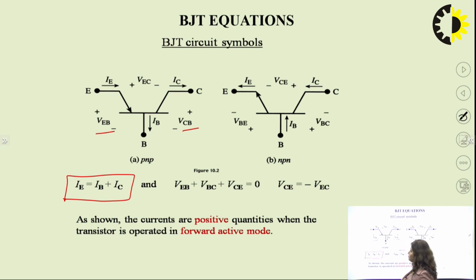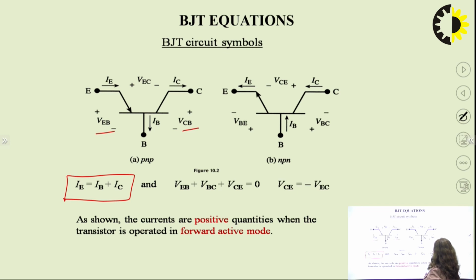Whatever the situation, in a common base configuration we have voltages between emitter, collector and base. In a common collector configuration we have VEB and VEC, and similarly for the common base configuration.